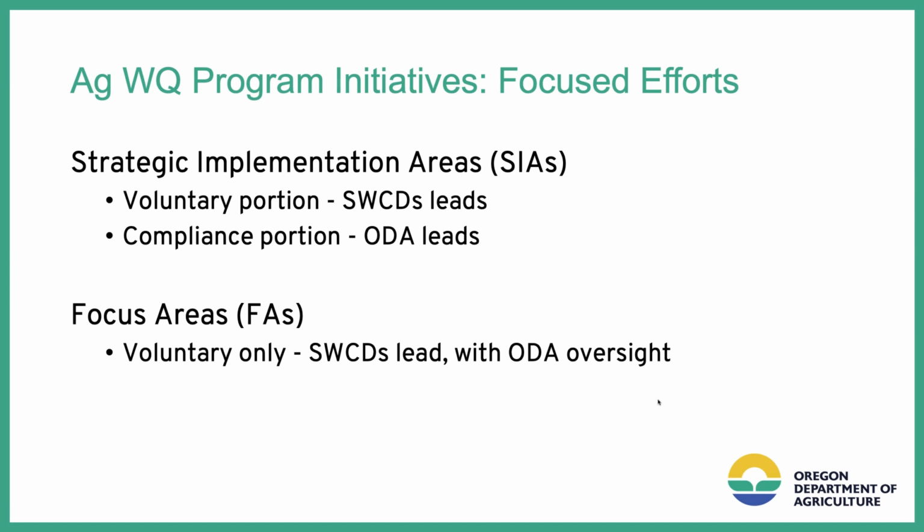Now, SIAs, while they're focused on agricultural landowners, any other land uses can also be part of that SIA. So maybe you've got a bunch of industrial forestry, private industrial forestry, and they've got some concerns, then you can also work with them.